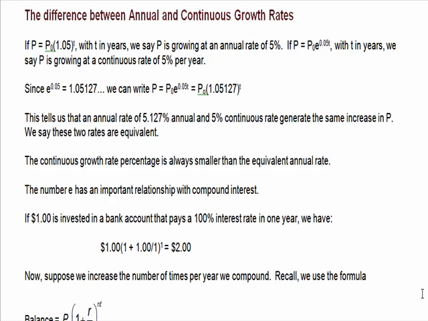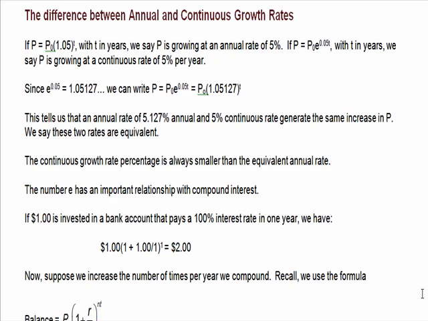Notice if we did the math out and we computed e to the 0.05, we would end up getting 1.05127. Or in other words, we could write our continuous growth equation, P equals P0 multiplied by e to the 0.05t, actually as P0, again our initial population, multiplied by the quantity 1.05127 to the t.